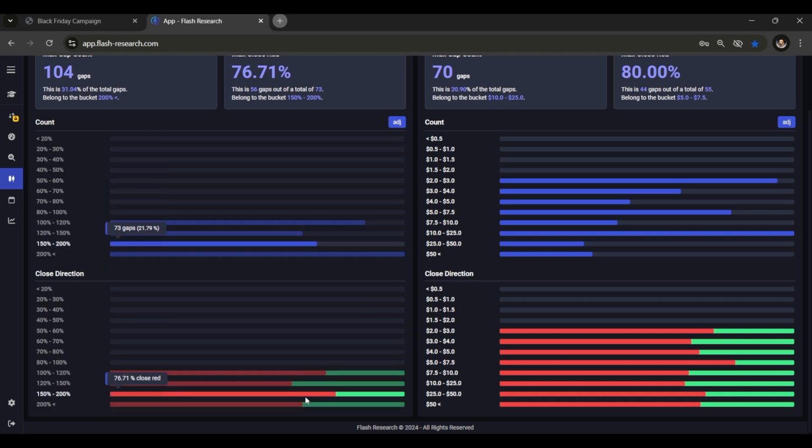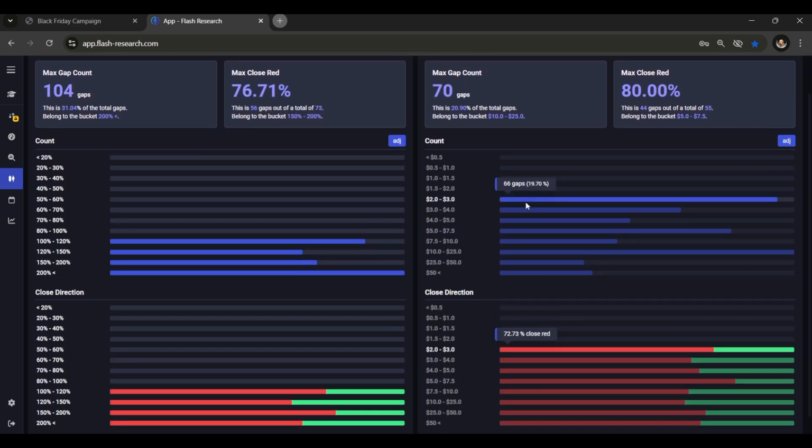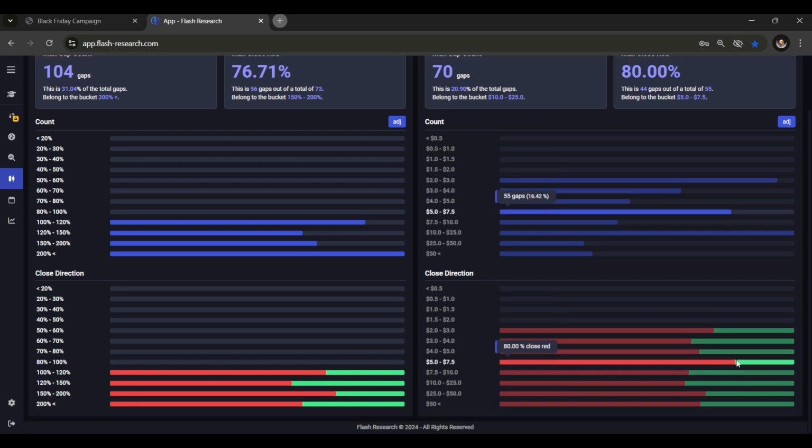And here you can see that the best probability is between the 150 and 200% gap range. And the same for the price. You can see where the bigger probability of a red close is. In this case, it's in the range between $5 and $7.50 a share.